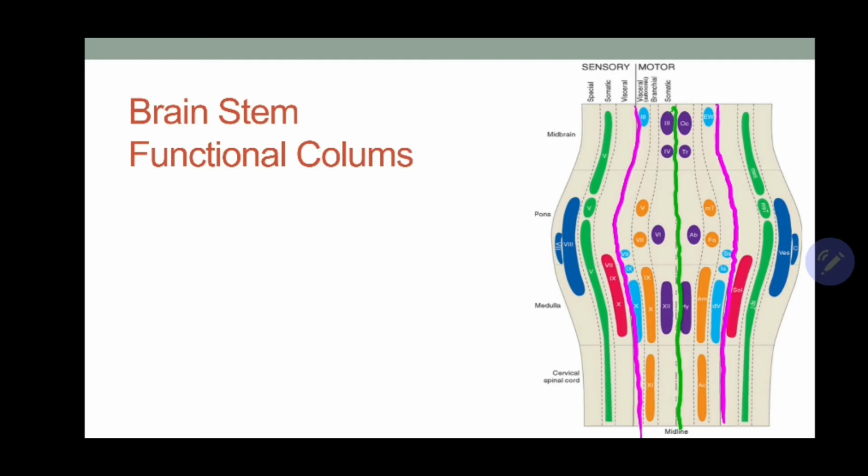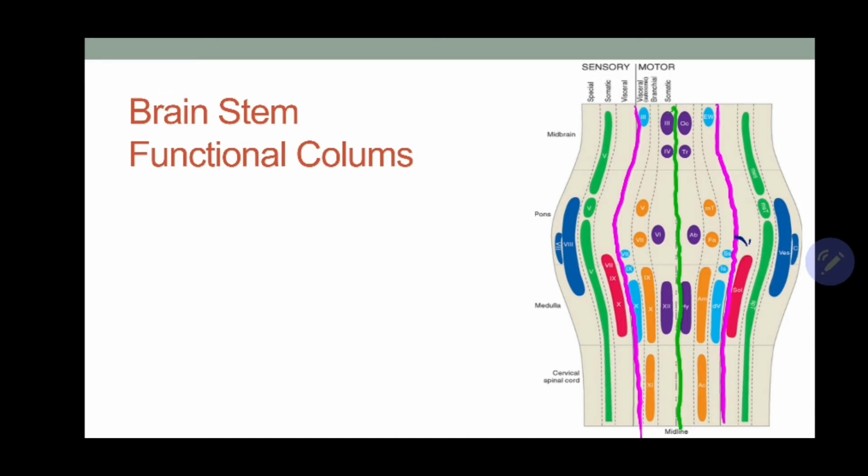Now another important thing is that the general visceral afferent and efferent are placed on either side of the sulcus limitans. Because if you see only one half of the brainstem, and fold this image on this sulcus limitans, you will find that the medial most functional column in the alar lamina is general visceral afferent.